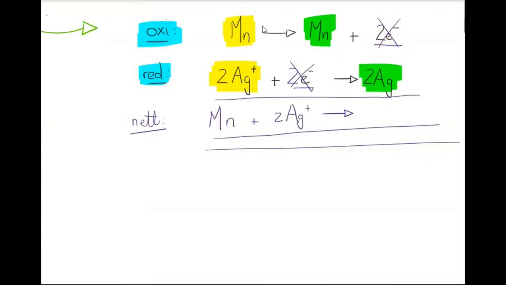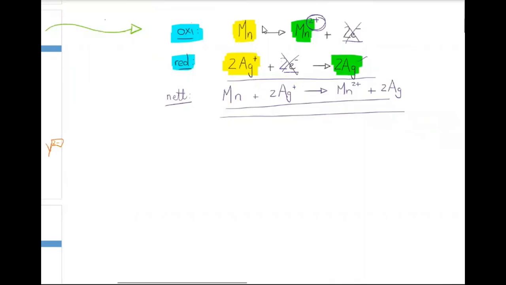And then, ooh, I made a mistake here. That should be Mn2+. There we go. See, this day has been very long. And Mn2+, and we crossed out our electrons, and our second product is then 2Ag. Some of you might have picked up on this error. I apologize profusely. So what is our net reaction? All of our reactants from both reactions combined, then an arrow, then your products from both of your reactions.